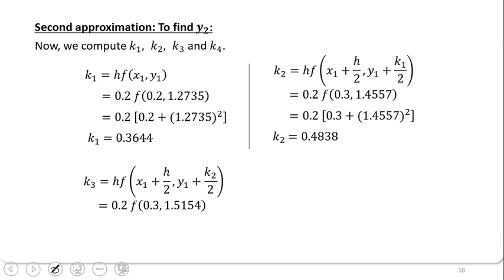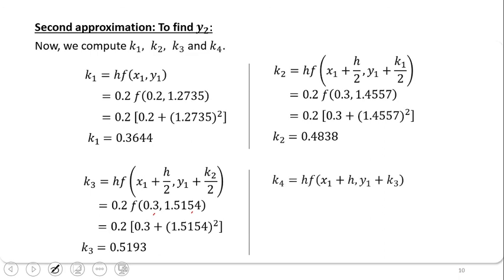To get f at 0.3 comma 1.5154, now substitute x is equal to 0.3 and y is equal to 1.5154 in f of x comma y. Then we get 0.2 times 0.3 plus 1.5154 square, which after simplification is 0.5193 corrected to 4 decimal places. So k3 is 0.5193.